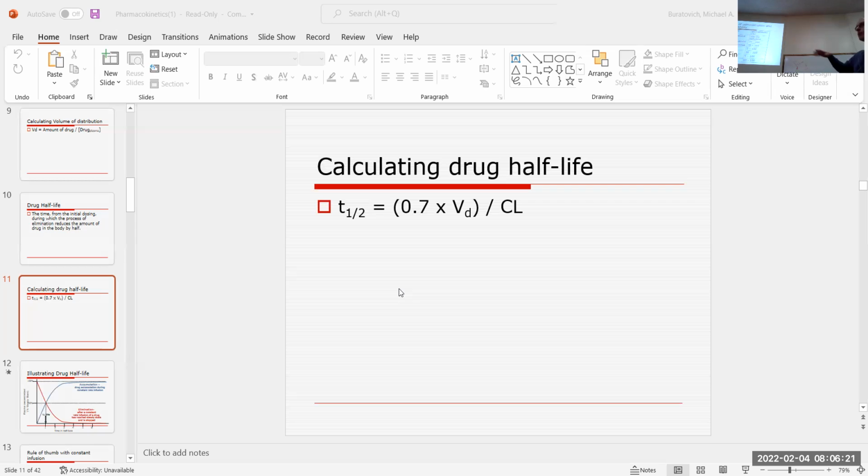And all the others will usually be either close to 1 or below 1. You can see in this table, for drugs administered intramuscularly or subcutaneously, the bioavailability is still pretty high, and the lower limit there is about 75%.